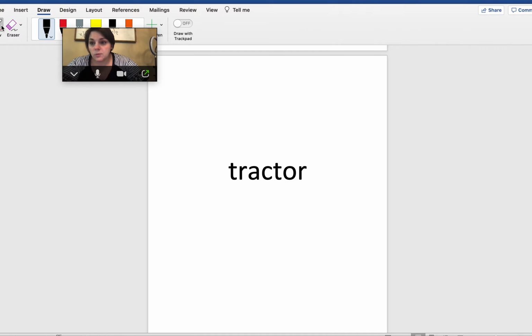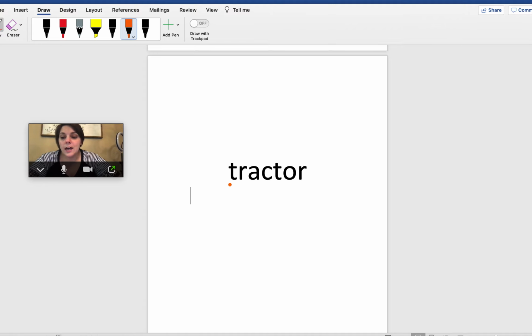Now, from kindergarten, we should know. Let me change the color on my pen. Okay, so the first thing that I notice is this TR.